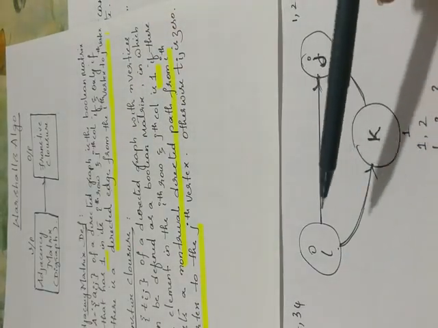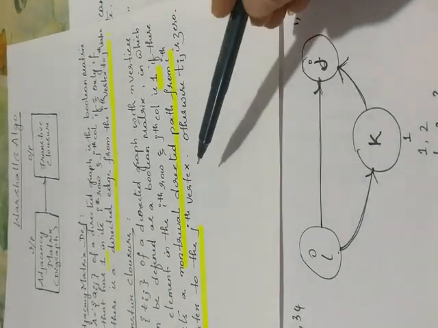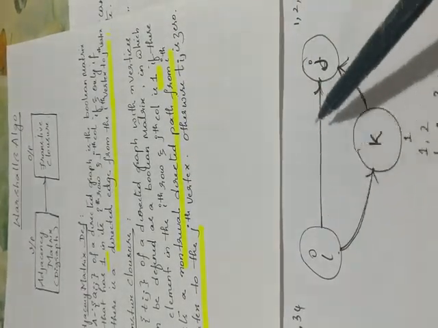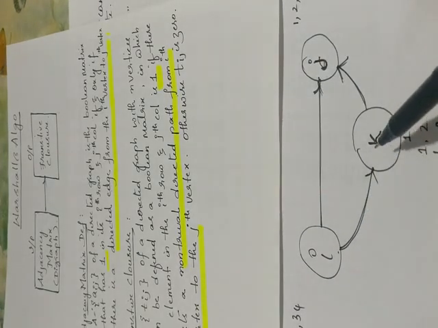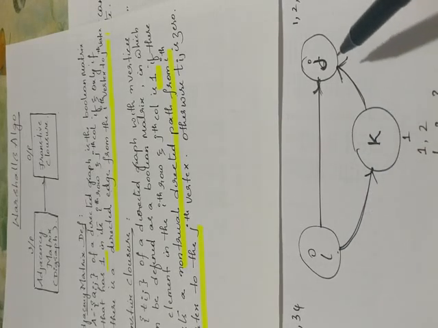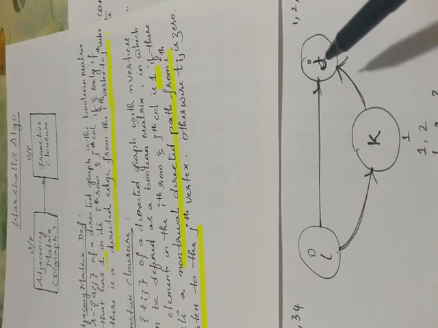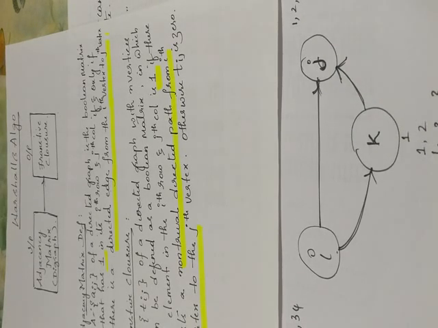In case of transitive closure, I will be looking for a directed path from ith vertex to j. So if there is no direct edge between i and j, at least if there is a path from i to k and k to j, I will be searching for a directed path from i to j. If it is existing, then I will be representing it as 1, otherwise 0.